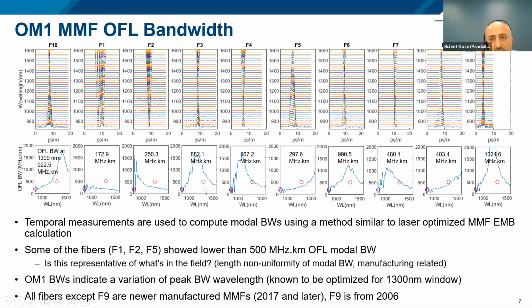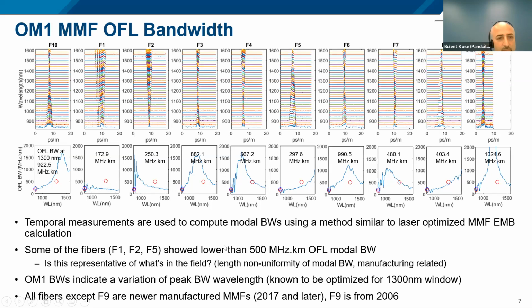Some of these fibers were right around the worst case. But some fibers, F1 and F2, especially F1, which you'll see more of in the paper, had significantly lower modal bandwidth than 500 megahertz kilometer.